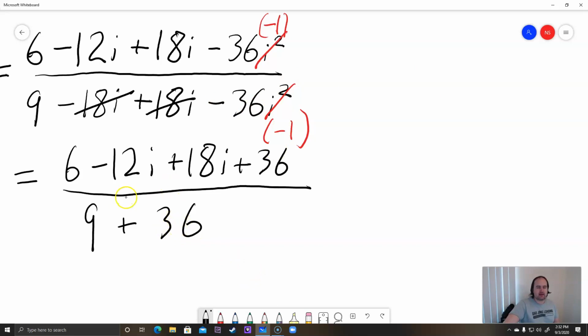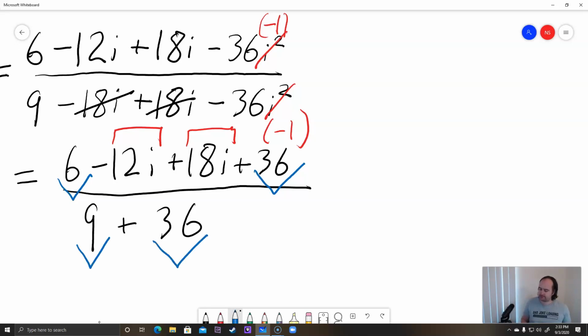All we have to do now is combine like terms. On the top, we can combine negative 12i and positive 18i, and also combine 6 and 36. On the bottom, we have 9 plus 36.